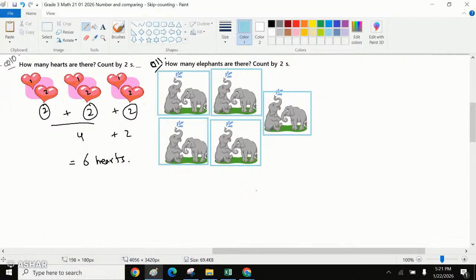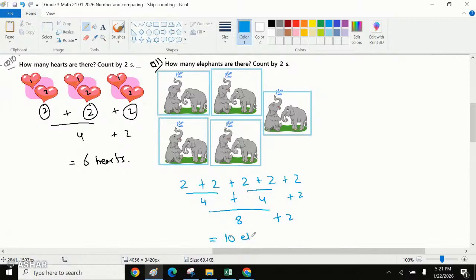Okay, that means the 2 is added 5 times because they are 5 pairs, right? That would be 4 plus 4 plus 2. This is 8 plus 2. That comes out to be 10 elephants in total.